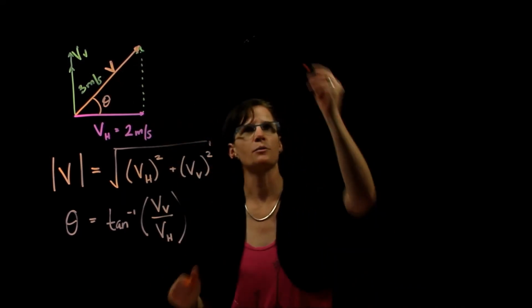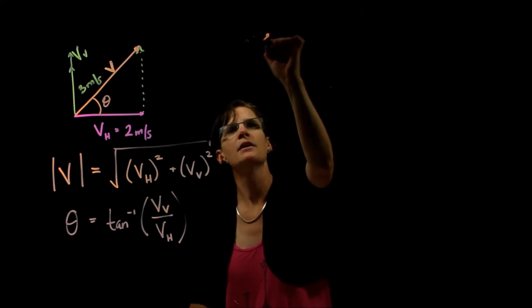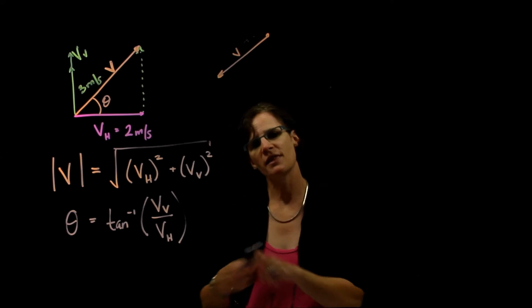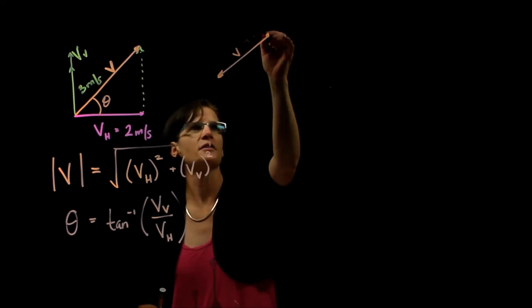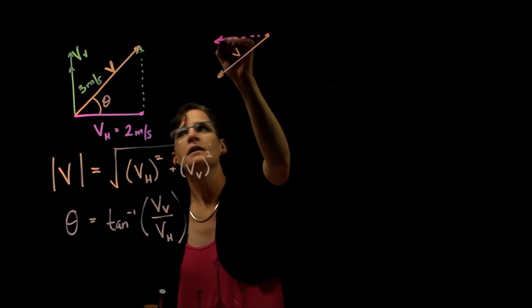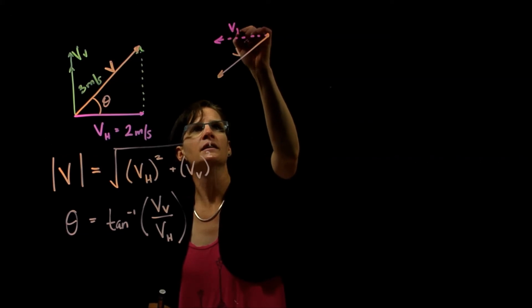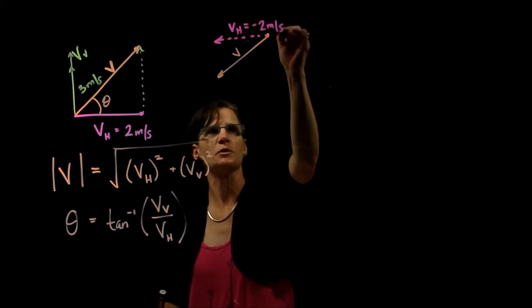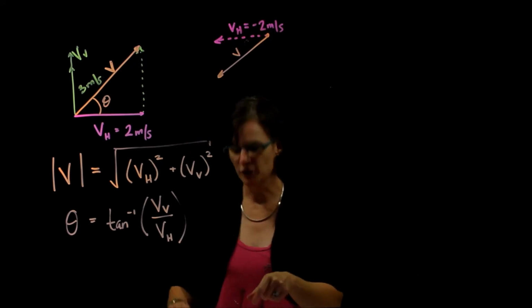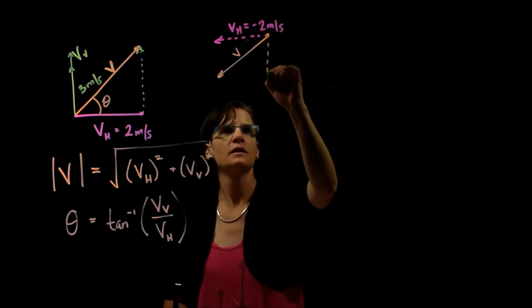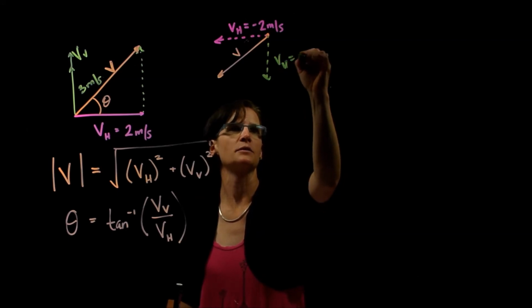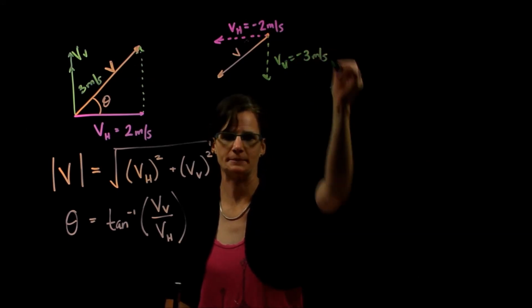So what if I throw my projectile with some velocity v, but I know that that projectile has a horizontal component that is to the left and equal to a negative 2 meters per second, and it has a vertical component that is down and is equal to negative 3 meters per second.